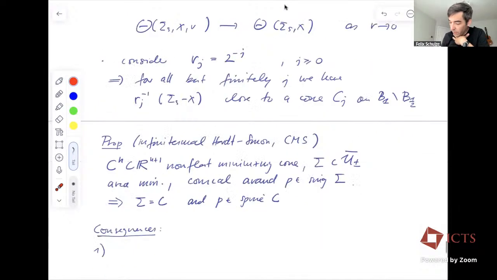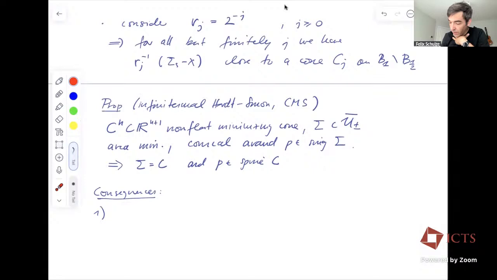So this means if we look at two leaves which sit next to each other, then we can just throw away these scales where we know we're not close to a cone.